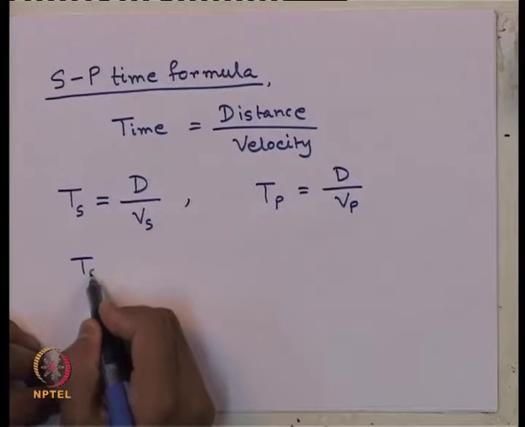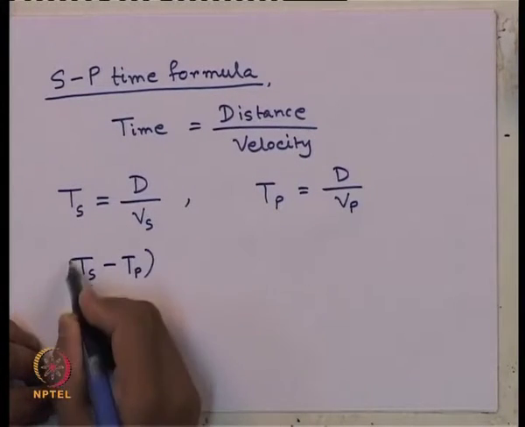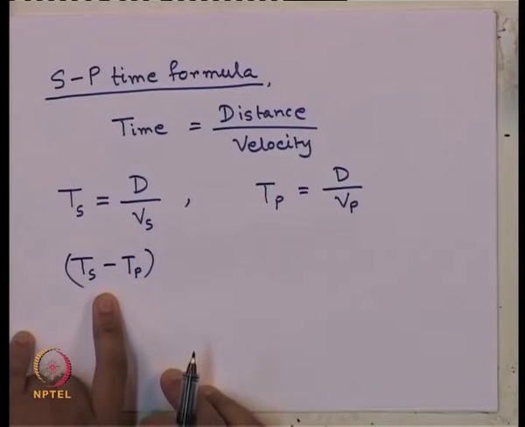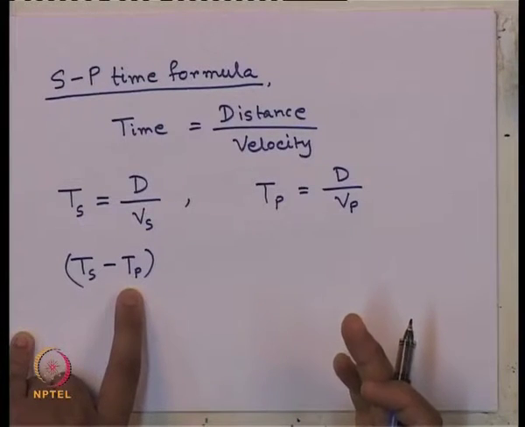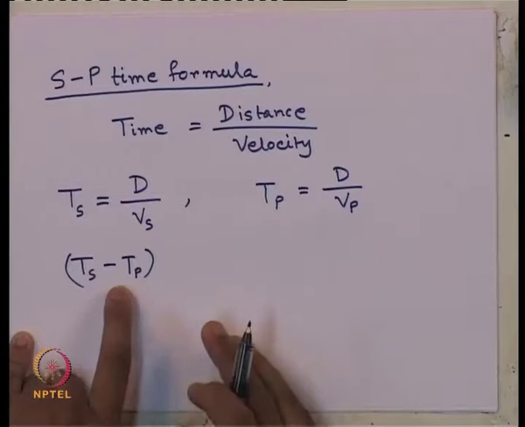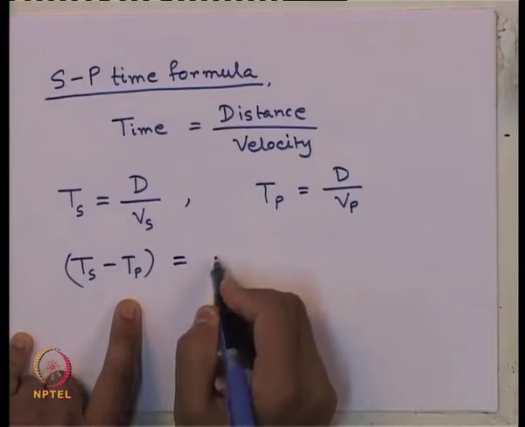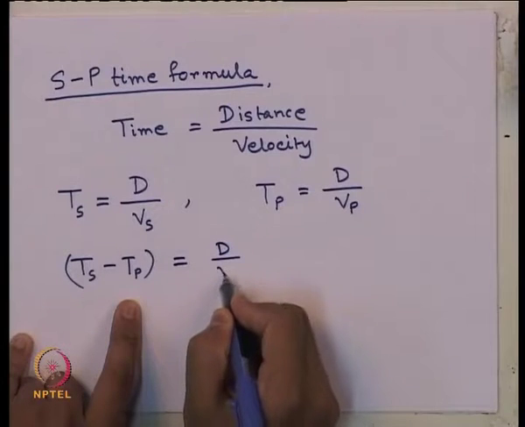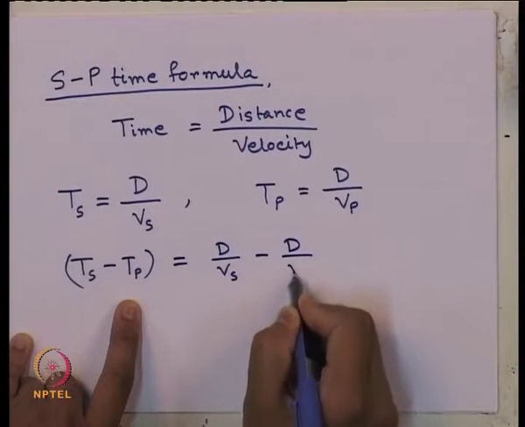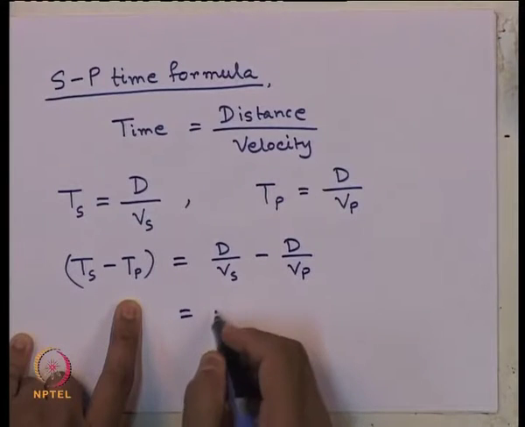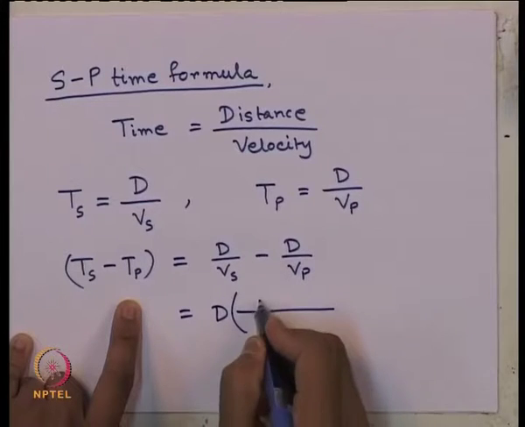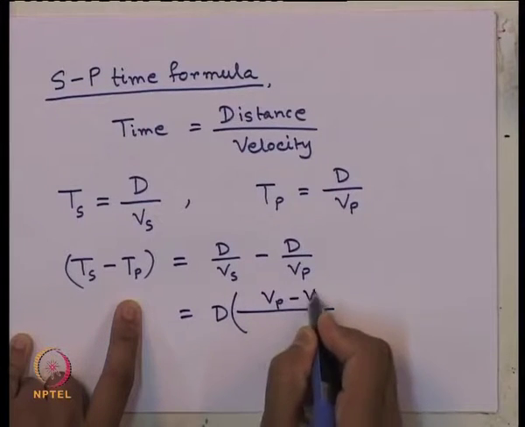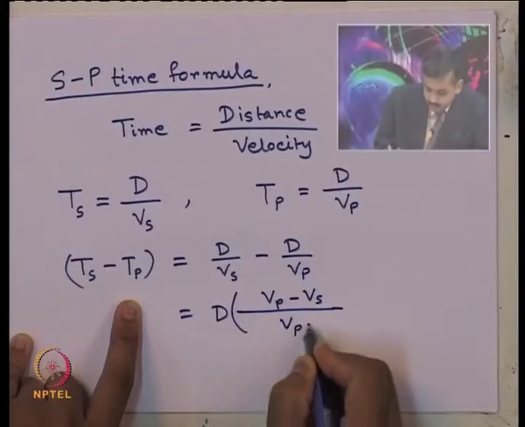So, T s minus T p, because in our recording station the value of T s will be larger, since it arrives at a later time, and T p will be lower than T s. T s minus T p is d by V s minus d by V p, which is nothing but d times (V p minus V s) by (V p V s).